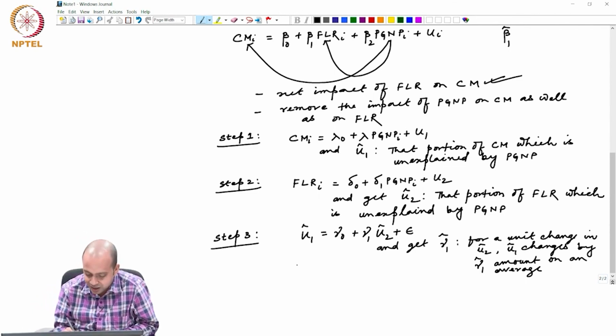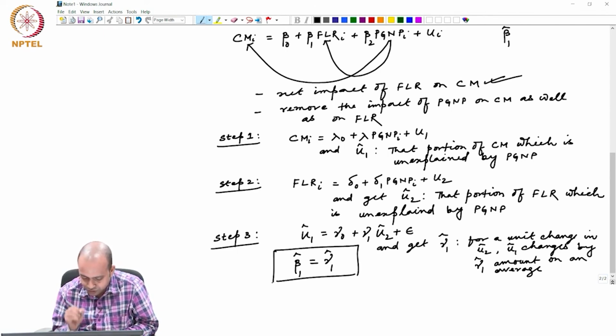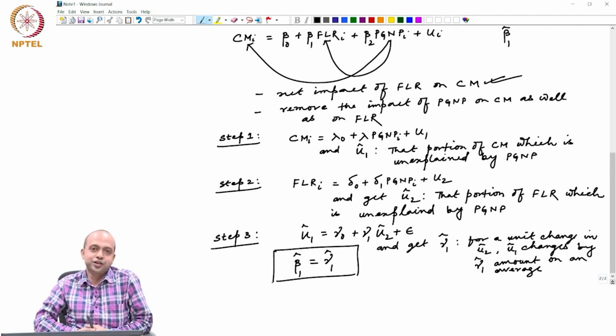So what we can say that actually beta 1 hat equals to gamma 1 hat. So this is how we can get the net impact of FLR on CM following these 3 steps, okay. So the idea is, since we want to get net impact of FLR, we need to remove the impact of PGNP on FLR as well as CM.